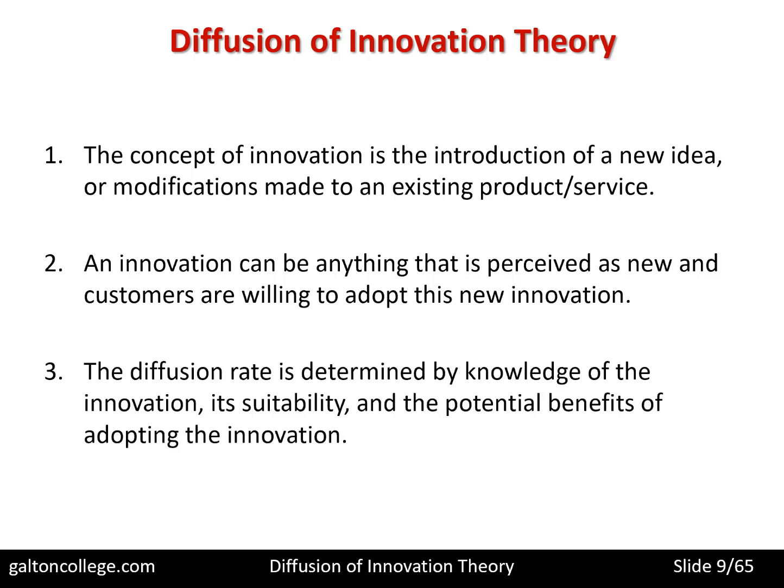The diffusion rate is determined by knowledge of innovation, its suitability, and the potential benefits of adopting the innovation. So the rate at which innovation spreads is really linked to the advantages of that innovation.